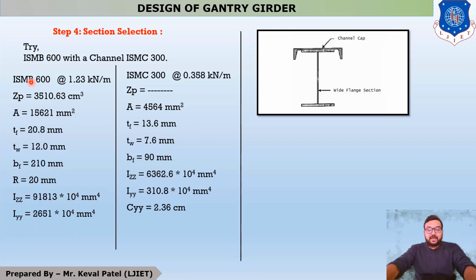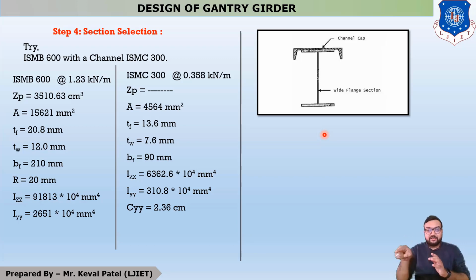Now, similarly, as we calculated and found the properties of ISMB 600, we have to find the properties of ISMC 300. But one important property is CYY. CYY means center of gravity for C channel, because you can see that your C channel is like this, and you all know that an I section is symmetric both ways, in x axis and in y axis.